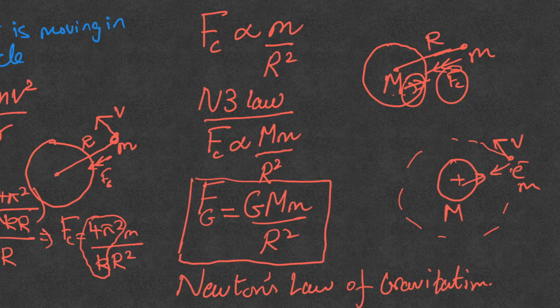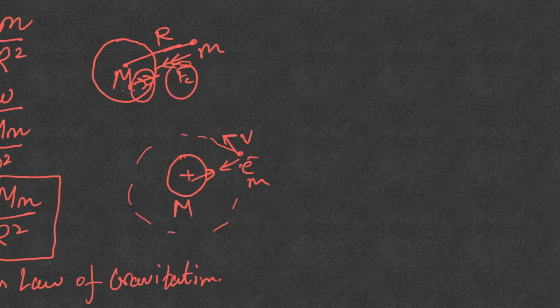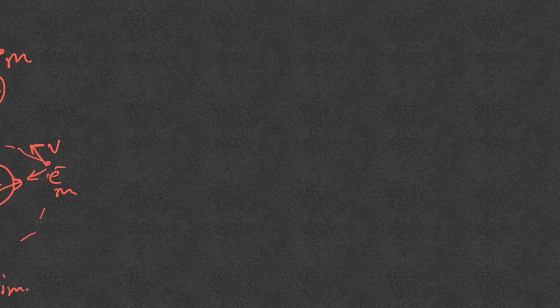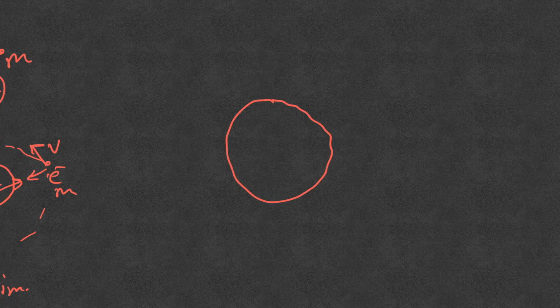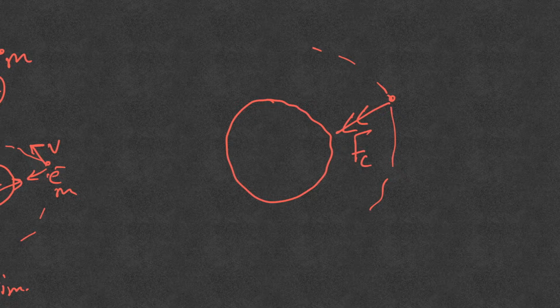So again, what you should understand is that in the last chapter, we were saying that centripetal force itself is nothing. So if you have this planet and you have this little small object and it is making a circle around this planet, it must experience a centripetal force.